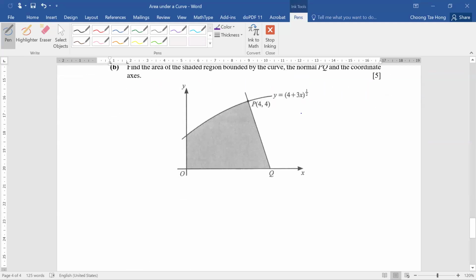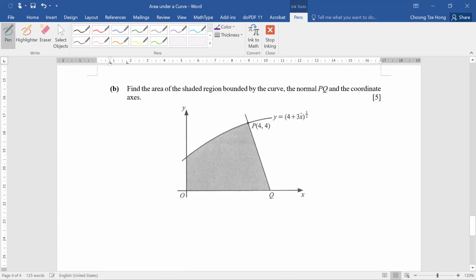The next part, part B: find the area of the region bounded by the curve, the normal PQ, and the coordinate axis. So basically they want us to find this shaded area over here. The shaded area can actually be divided into two regions. Let's call this region 1, and this one region 2.